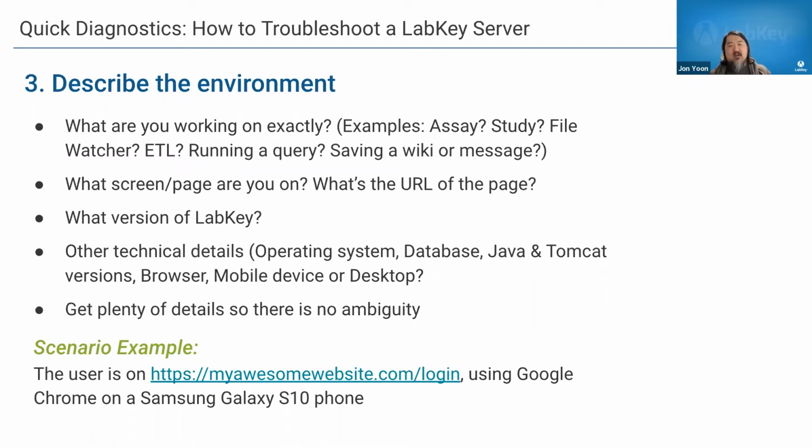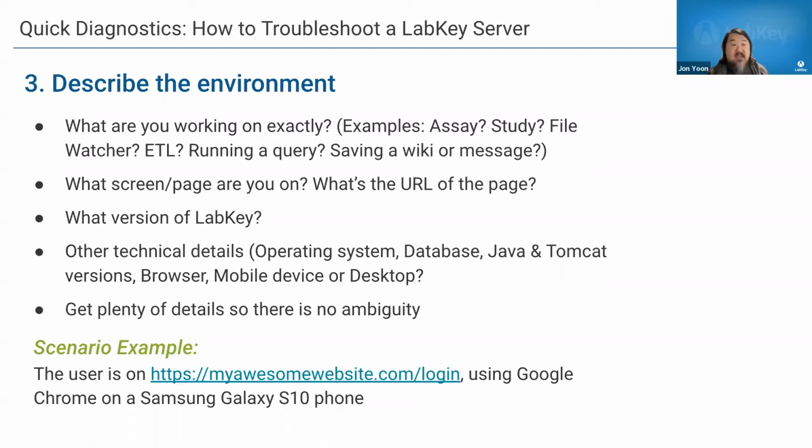Knowing where you are is extremely helpful, because one part of the system is different from the next, and you may need to communicate this to someone else. Also, what screen or page are you on? What's the URL of the page? That information is also helpful because it might lead to some clue as to why you're experiencing a particular problem.